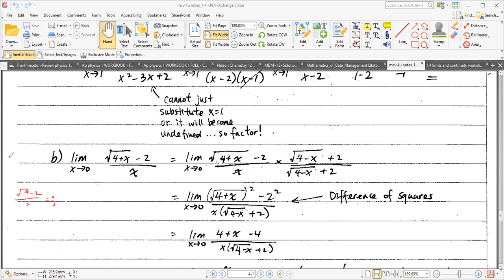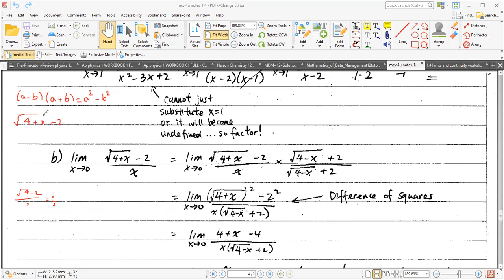Just remember, I want to get rid of this square root, remembering that (a - b) multiplied by (a + b) equals a^2 - b^2. So the same thing, I want to simplify the square root of (4 + x) minus 2.